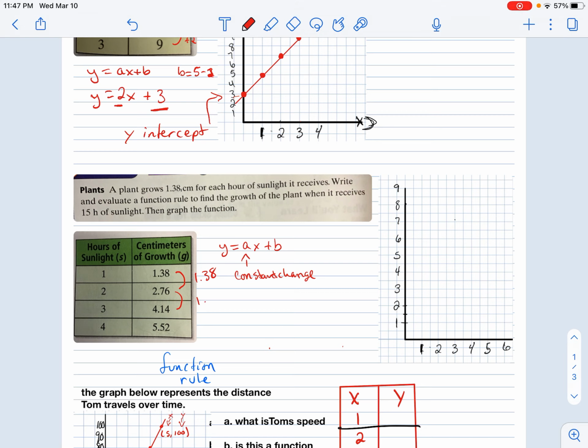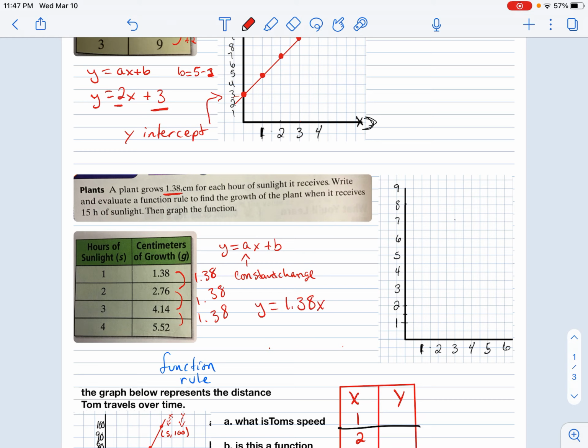If we go from 2 hours to 3 hours, you'll find that you added 1.38 again. And this in the story problem lets us know that it grows that much per hour. So that is our a value. So we can write the function y equals 1.38x.